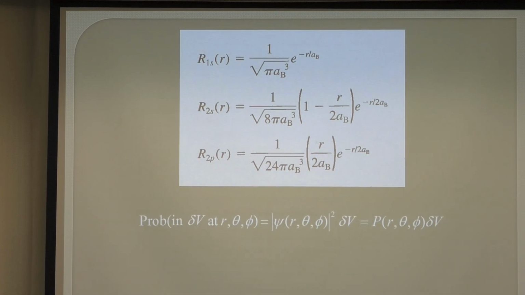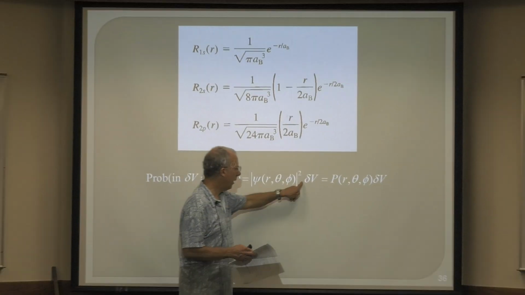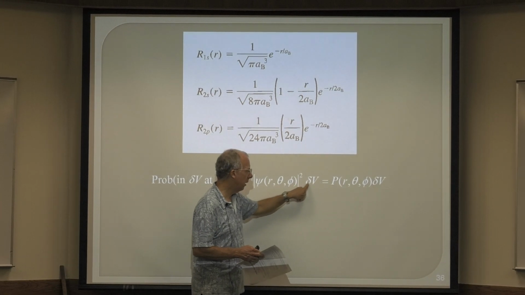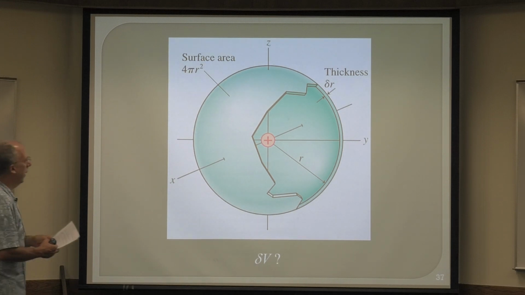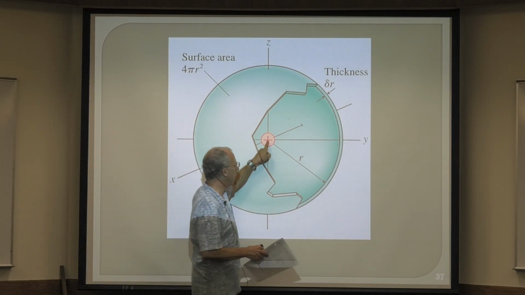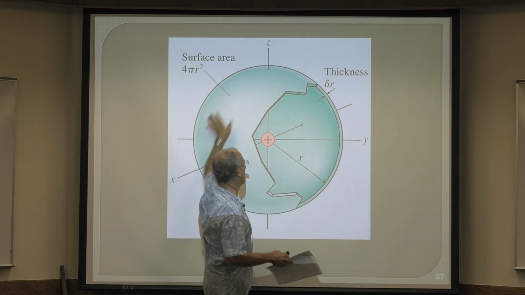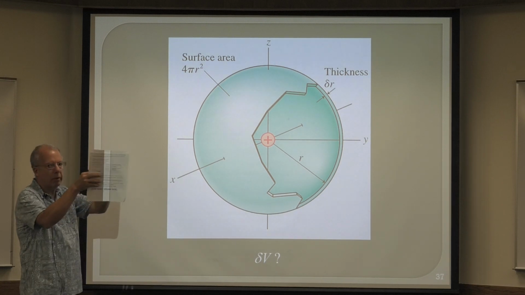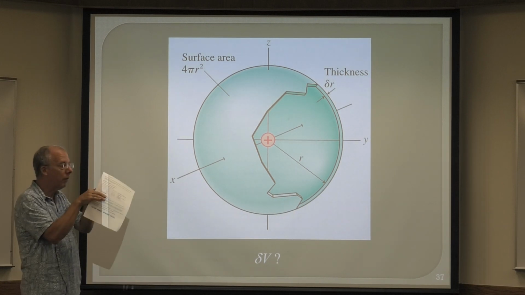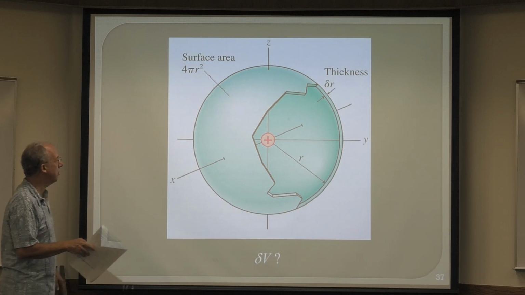So the question is, what is dV? We want to know the probability at one particular value of r, but the angles can go all over the place, right? And so what is dV? It's not the volume of a sphere, it's the volume of the shell at one particular value of r.